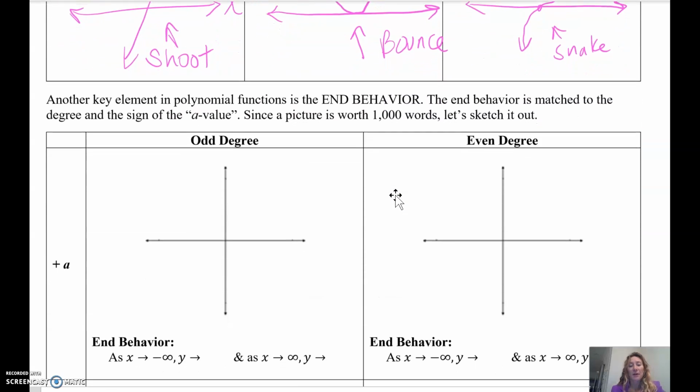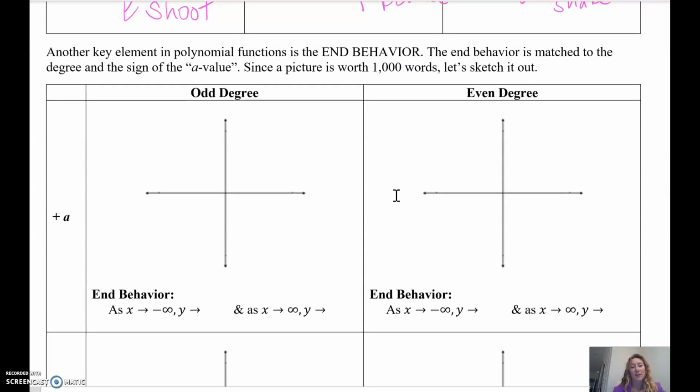Another important thing about these polynomials is the end behavior. So remember, with an odd degree, that's going to be our linear function or our cubic function, and they both have the same end behavior. And so remember, this is quadrant 1 with positive x and a positive y. This is quadrant 2 with a negative x and a positive y.